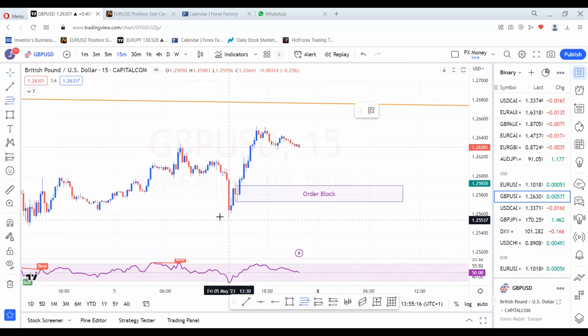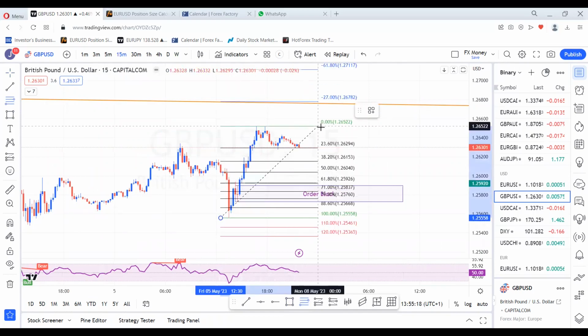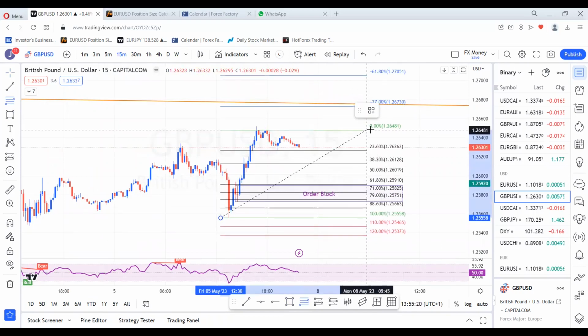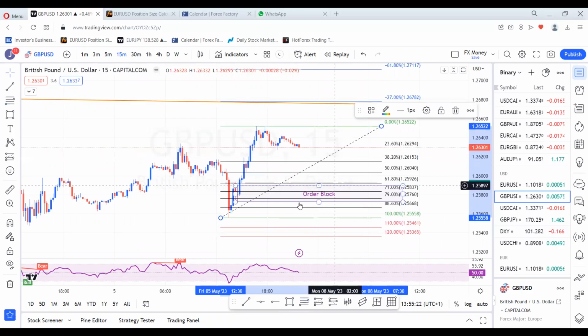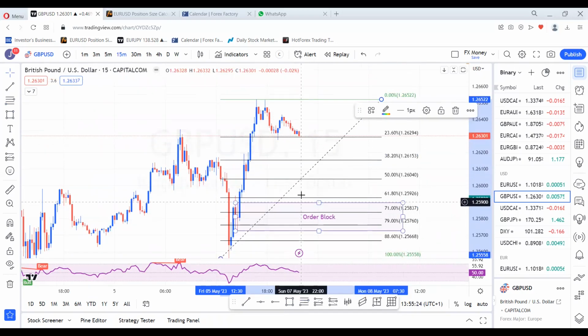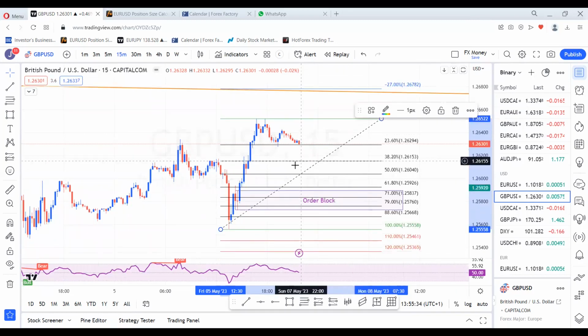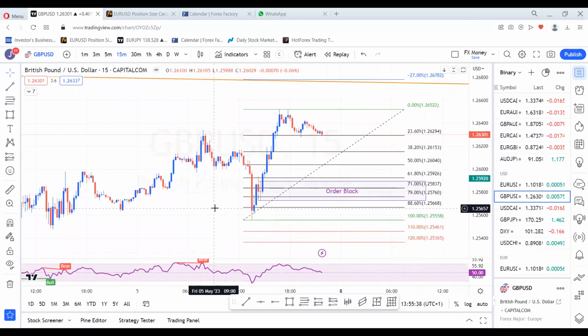If we draw a fib from here to here, at the 61%-ish, we can just have the market do its thing all the way here, then continue the bullish movement. So the sell is not going to be a very long one though.